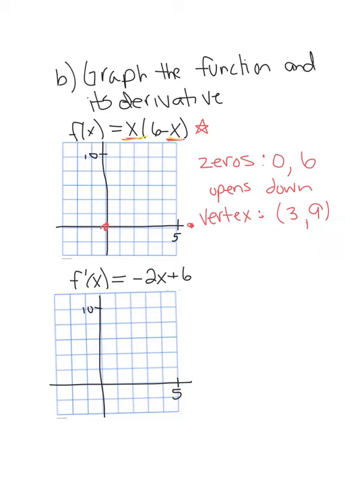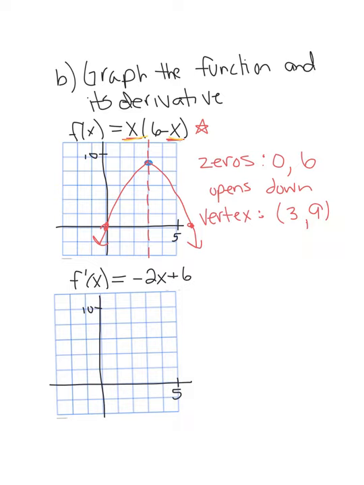I know that my vertex is at (3, 9), so I'm just going to put this axis of symmetry in here. So (3, 9) is going to be right here, and I know that this parabola opens down, so all of this makes sense, and I can get my sketch in right there.